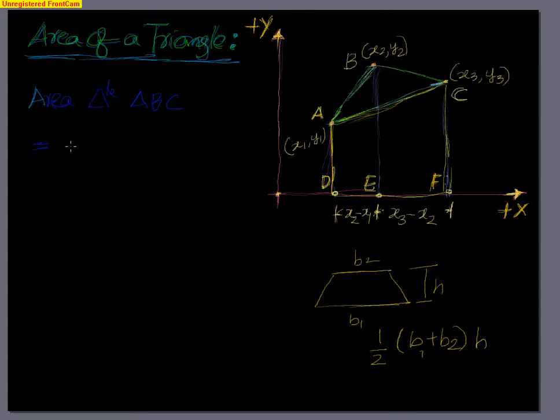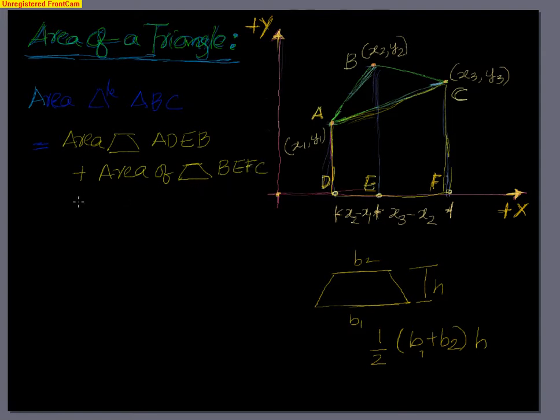So let me write that step. Area of triangle ABC equals area of ADEB plus area of BEFC, and what I have to subtract?